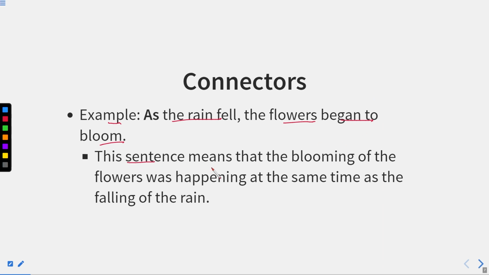Okay, the sentence means that the blooming of the flowers was happening at the same time as the falling of the rain. Okay, both the actions are being done simultaneously, or you can say parallelly, at the same time. So there we can use as.